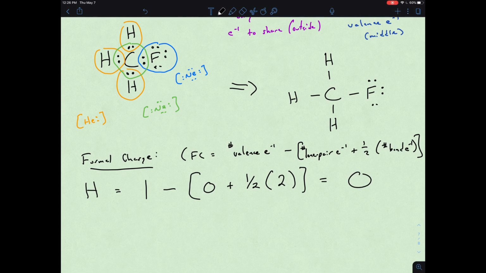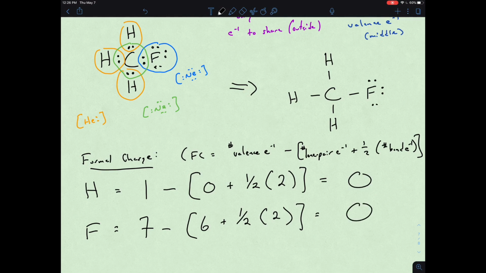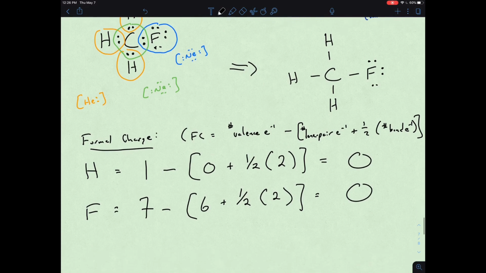If we go to our fluorine, we find fluorine has 7 valence electrons. It has 1, 2, 3, 4, 5, 6 electrons in lone pairs. And then it just has one bond or a sharing of 2 electrons. So we essentially get 7 minus 7, or again, 0 for our formal charge. And then lastly, we have the carbon.